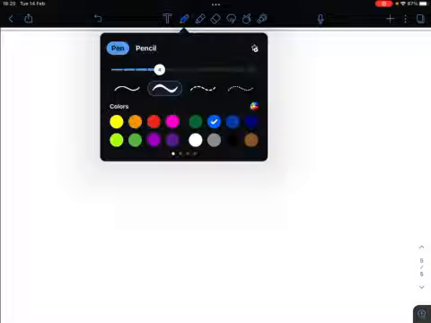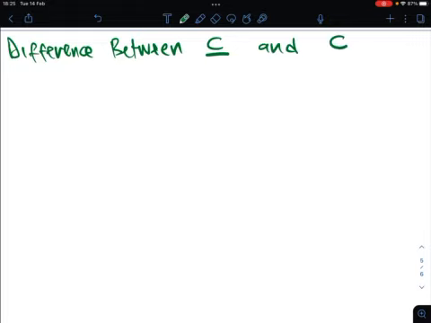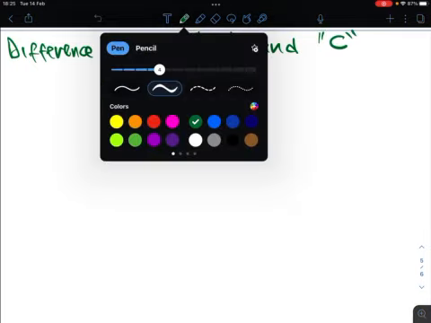So now let's look at the difference between this and that. What are the differences between this and that?